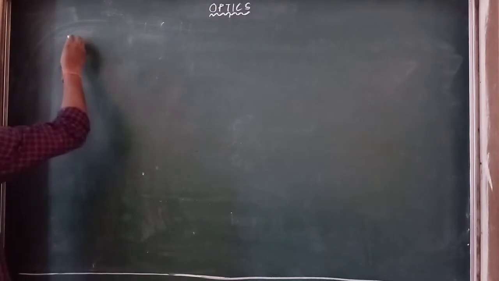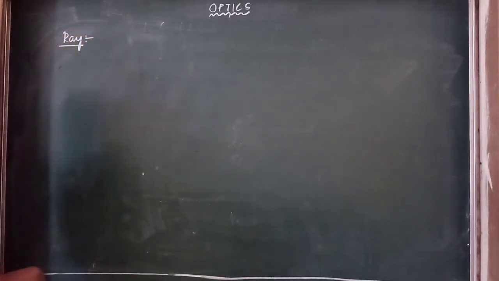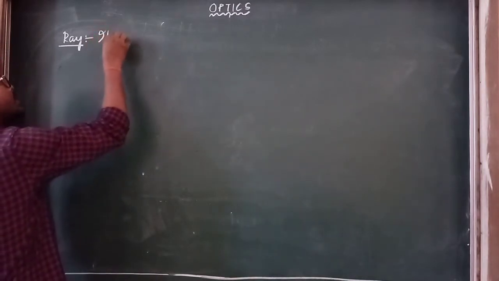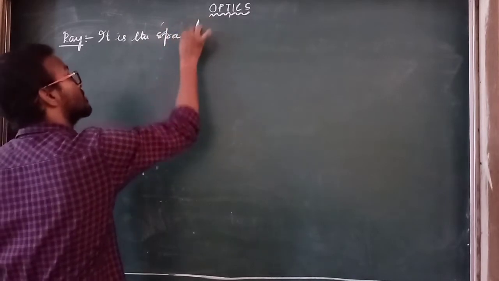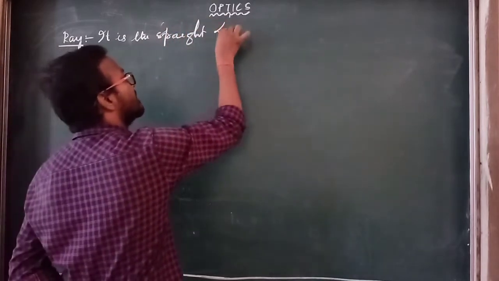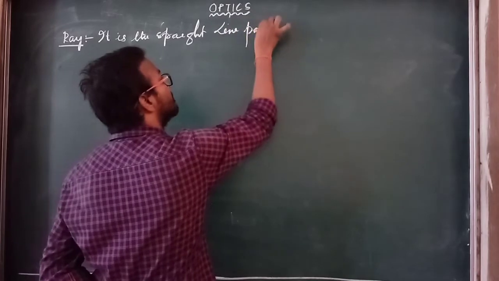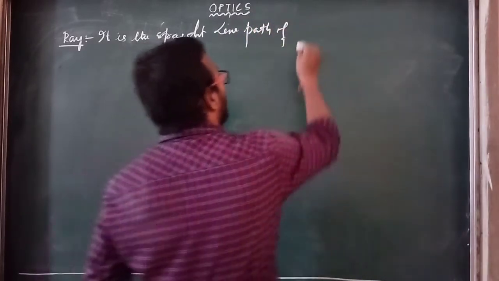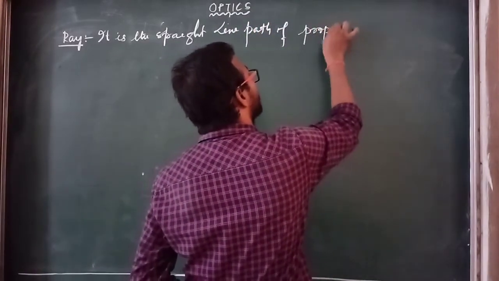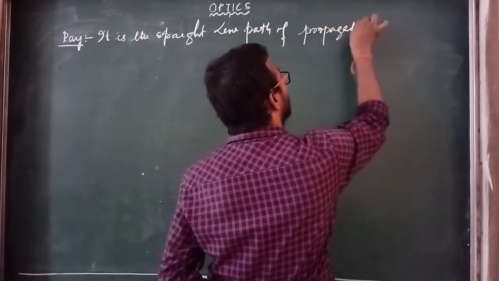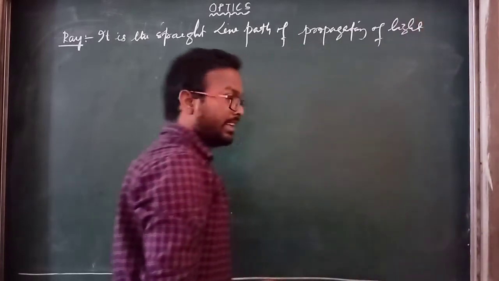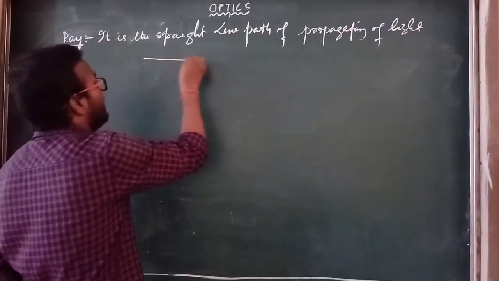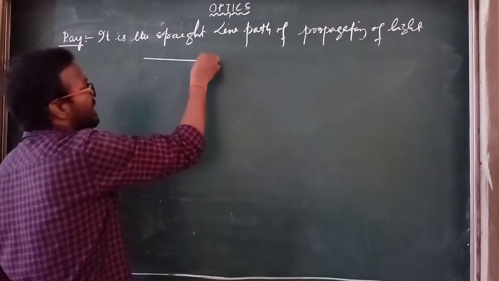So the next term is ray. Ray means the straight line path of propagation of light. It is represented by a straight line with an arrow mark.